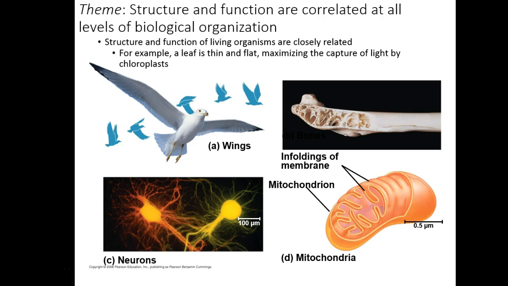The second theme, and we've touched on this a little bit already, is that structure and function correlate at all levels of organization. So structure and function are important at all aspects. However you look at life, you can look at the structure, and that structure will be generally designed to have optimal function. An example here is the bird wings.